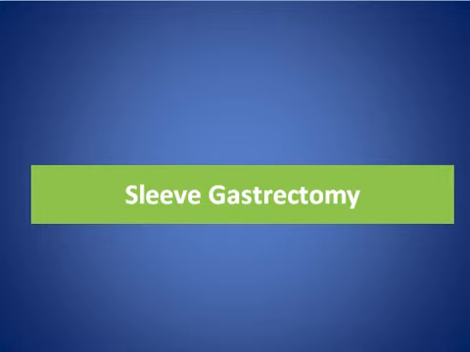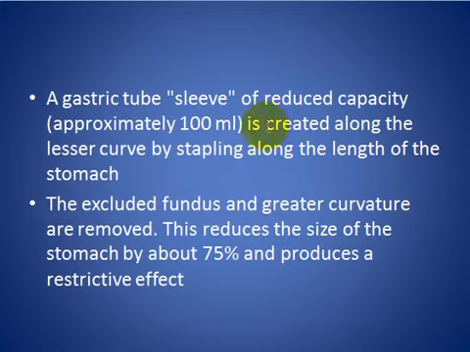Sleeve gastrectomy. It is a gastric tube, or sleeve, with the stomach's capacity reduced to about 100 ml, created along the lesser curvature by stapling along the length of the stomach. The excluded stomach and the greater curvature are removed.